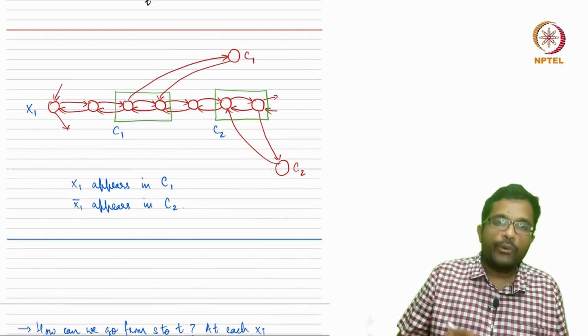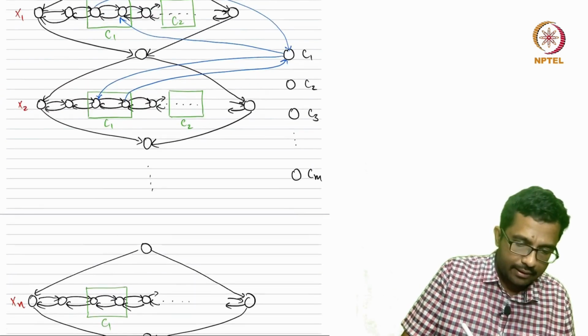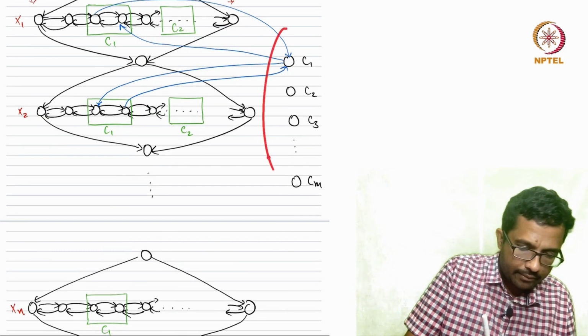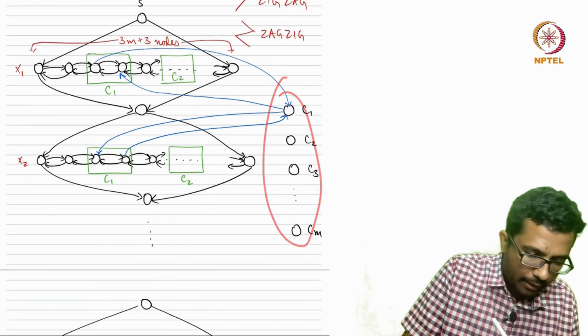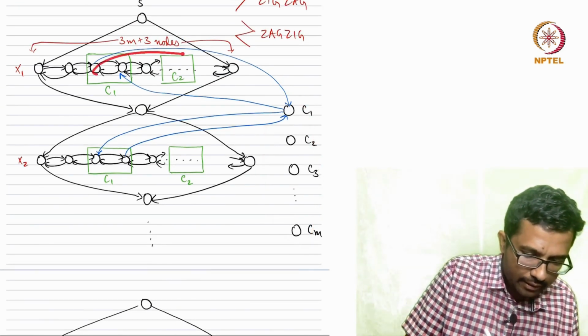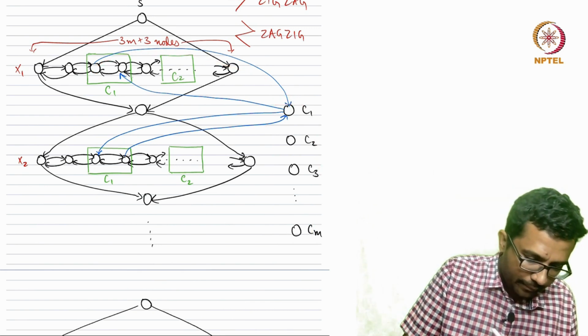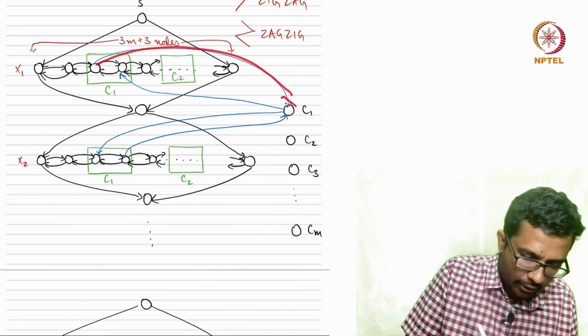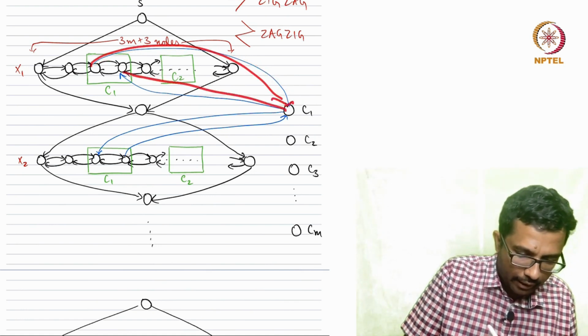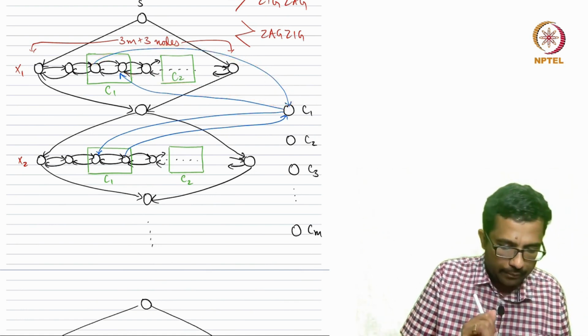Now how are we going to include these clause vertices? I have already marked some blue edges based on what I said. So here, as per the figure, x1 appears in clause 1, because the first vertex goes to clause 1, and from clause 1 you get back to the second one.